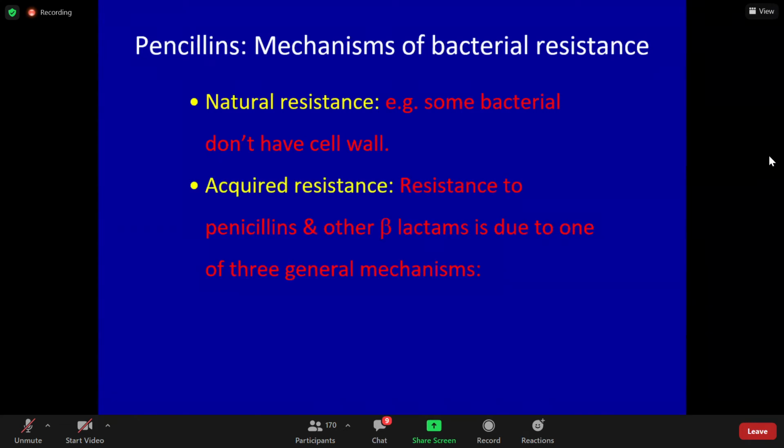Natural resistance. Acquired resistance to penicillins and other beta-lactams is due to one of the three general mechanisms which I described in the previous slide. Three mechanisms. First, the drug does not reach in active form. Inactivation of the antibiotic by the beta-lactamase, most common. The drug does not reach in the active form because what did I say initially?